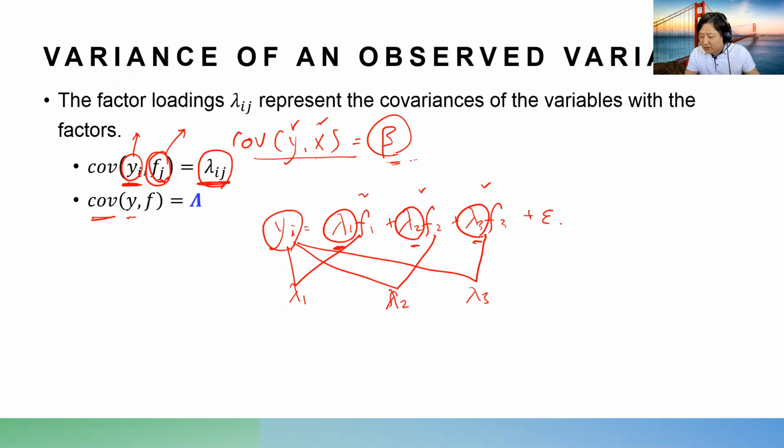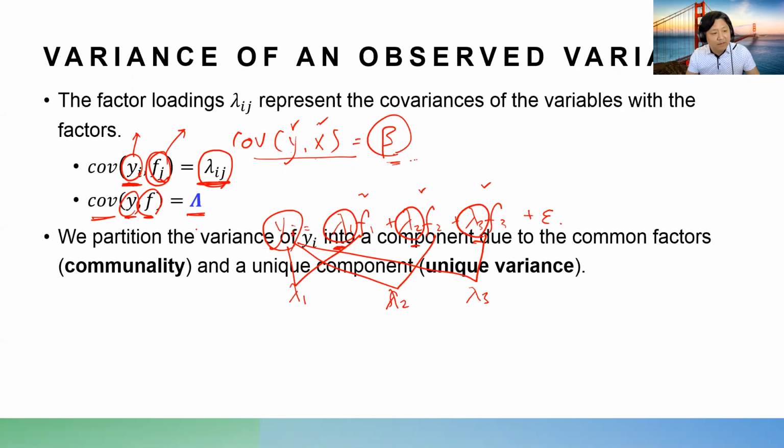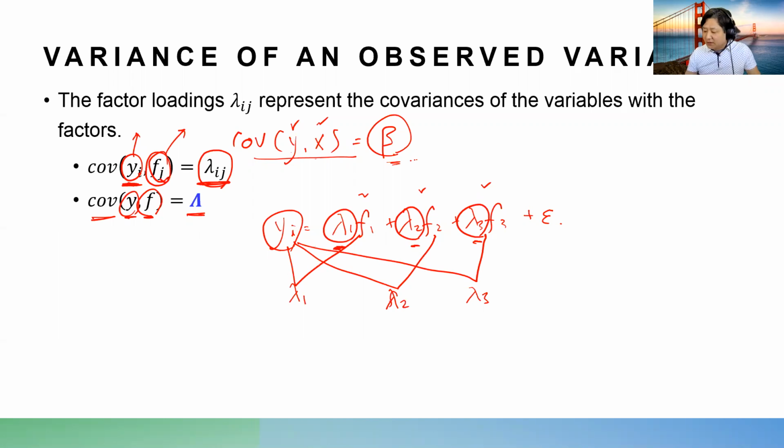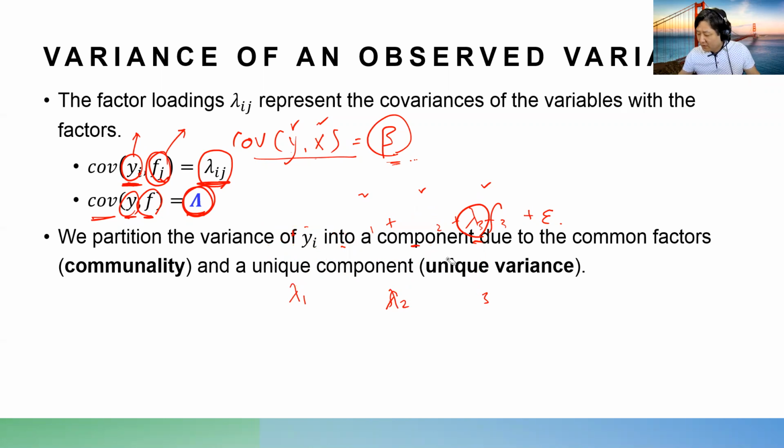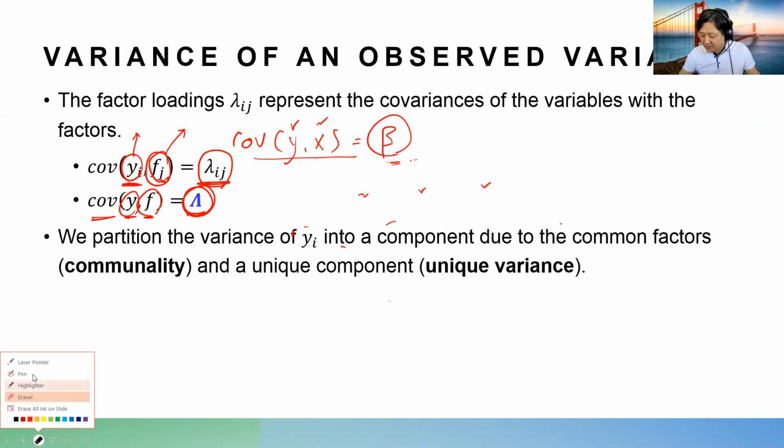In the covariance matrix, the f is a factor, and y is the observed score, and this is the factor loading. Then we partition this covariance matrix into two parts: communality and unique variance. We partition the variance of y.